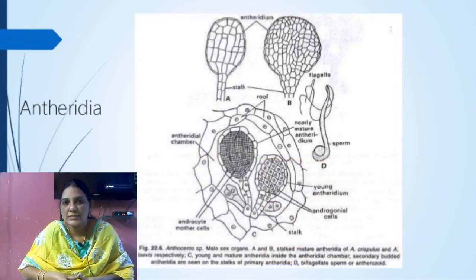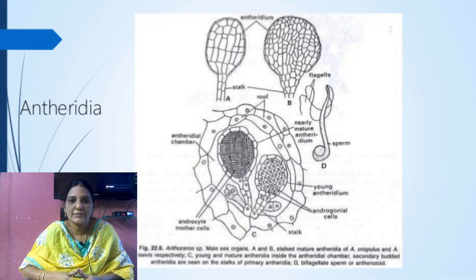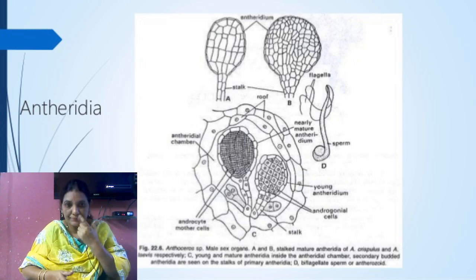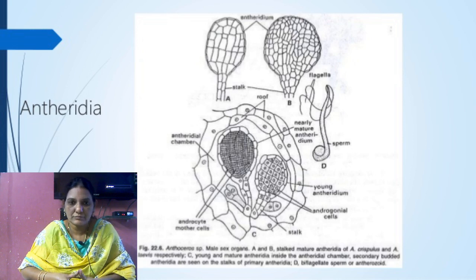Here we can see the clear picture. This is the antheridial chamber having 3 to 4 antheridiums. The antheridial chamber produces an antheridial initial, divided into an upper cell and a lower cell.